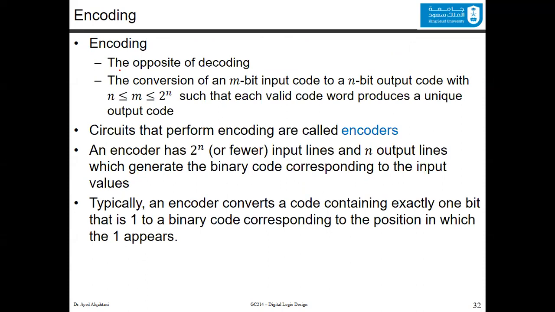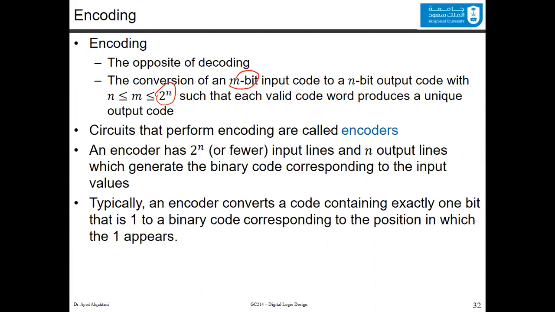Actually, the encoding is the opposite of decoding, which is the conversion from an M-bit input code to an N-bit output code, where M is between N and 2 to the power of N. Again, the upper bound here for M, which is the input right now, is 2 to the power of N, such that each valid code word produces a unique output.